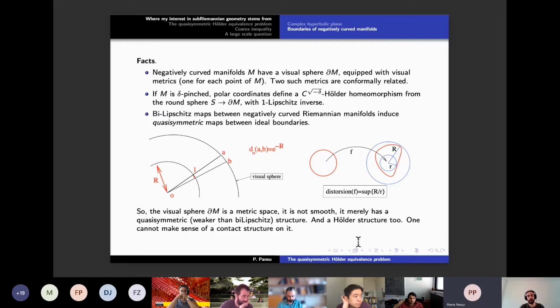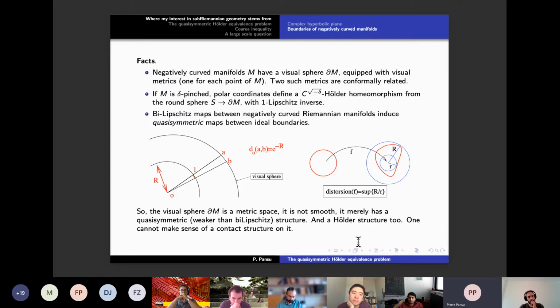Quasi-symmetric merely requires that the ratio is bounded, which is kind of natural if you think in conformally invariant terms. And now these bi-Lipschitz maps and these quasi-conformal, quasi-symmetric maps are not quite smooth.